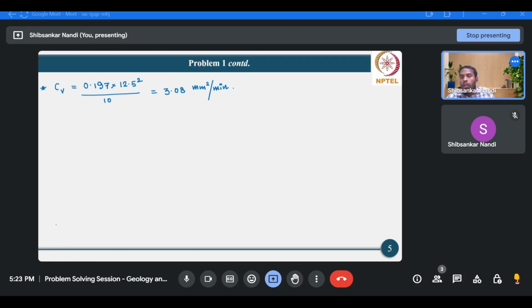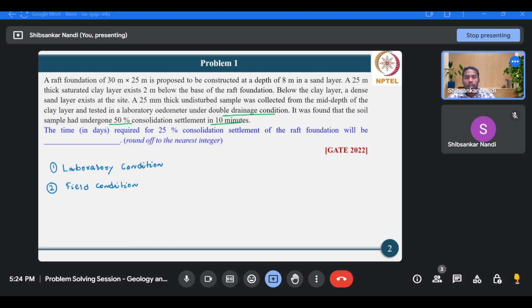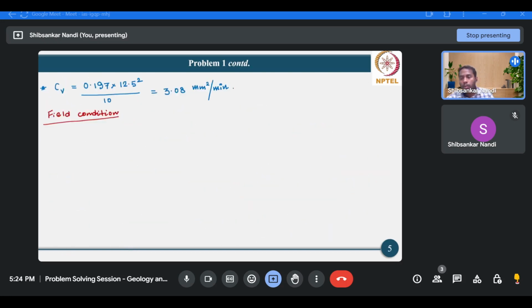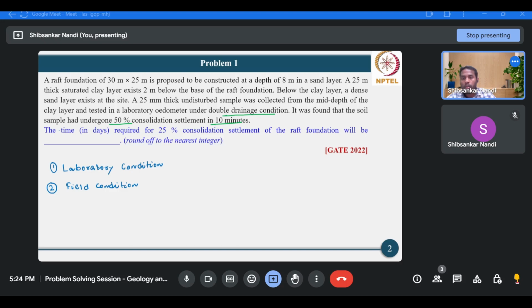Now we'll be coming to the field condition. Okay. Because our target is to determine the time of consolidation settlement of the raft foundation. So therefore, now we'll have to calculate the TV for the new degree of consolidation, because we would like to calculate the required time for 25% consolidation.